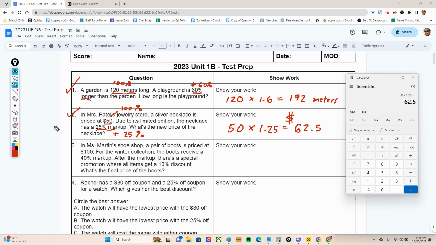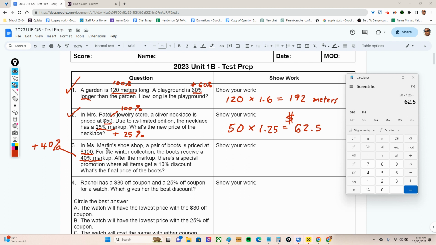All right, so next question. In Mrs. Martin's shoe shop, a pair of boots is priced at $100 for the winter collection. The boots receive a 40% markup. So that's plus 40%.